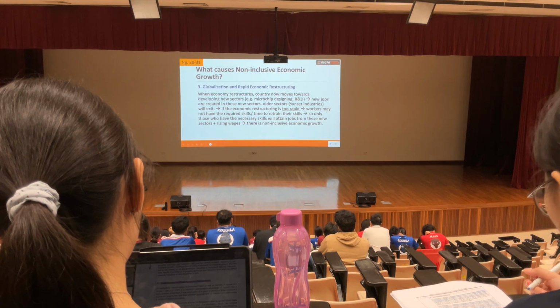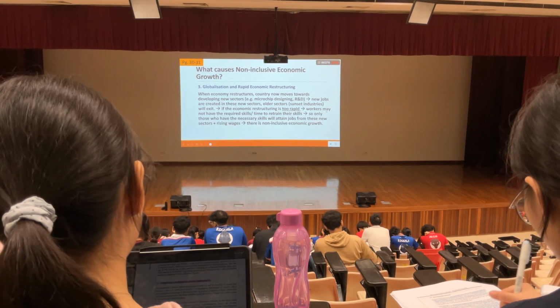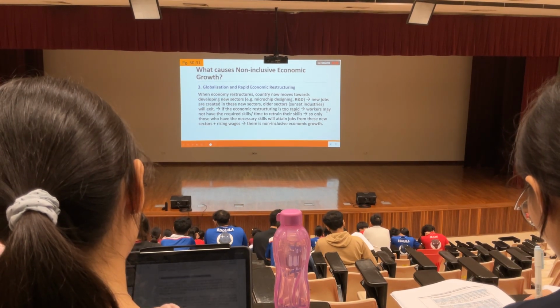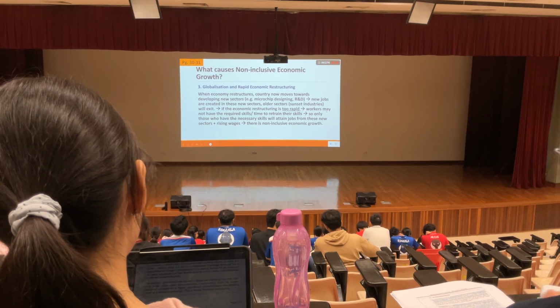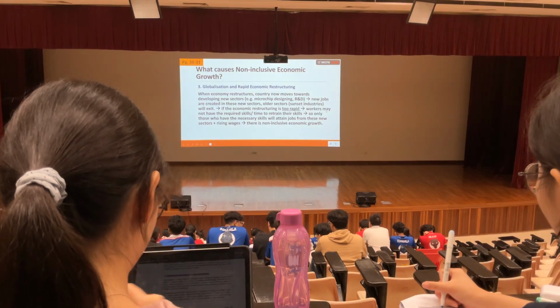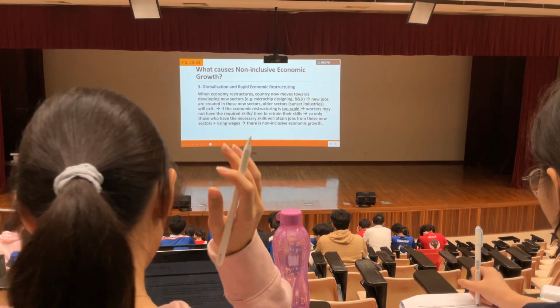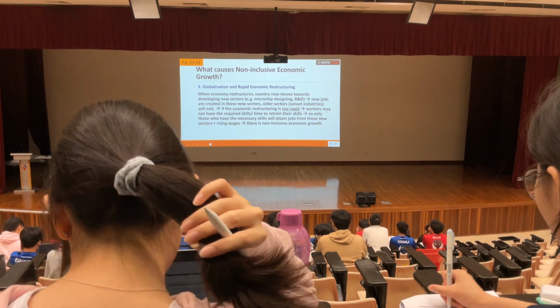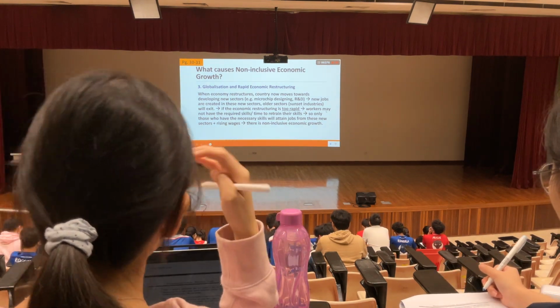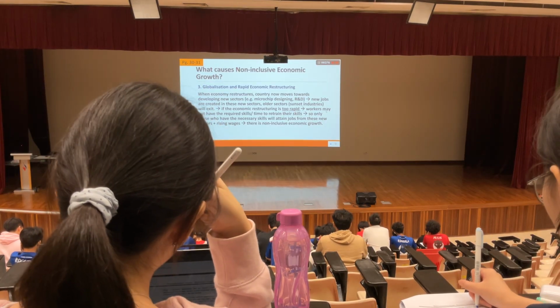So what happens is that when the economy restructures, the country now moves towards developing new sectors like microchip designing, R&D, science and technology, right? So new jobs will be created in these new sectors. Older sectors like your sunset industries, those that are not prioritized anymore by the government, will exit.